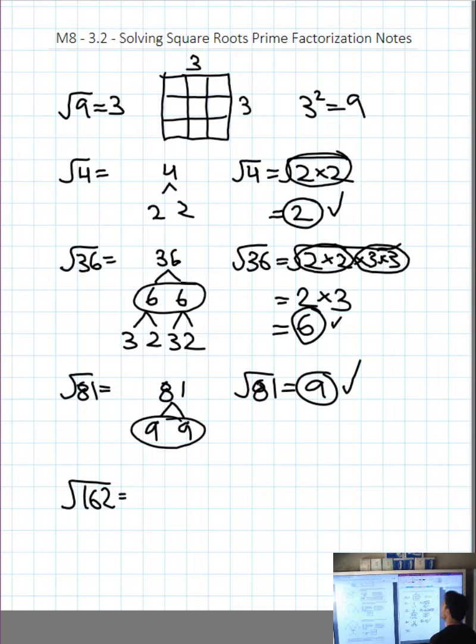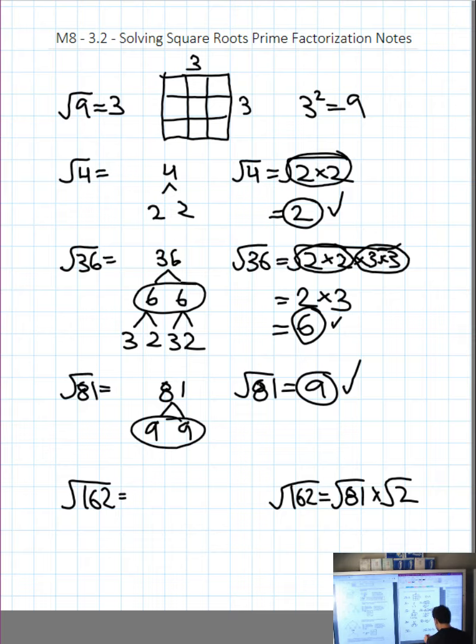another method is called perfect squares. What are two numbers that multiply to get the number underneath the square root, that you know the square root of one of them? Well, we know that root 162 is simply root 81 times root 2. 81 times 2 is 162, so we can separate the root into a multiplication of two roots.